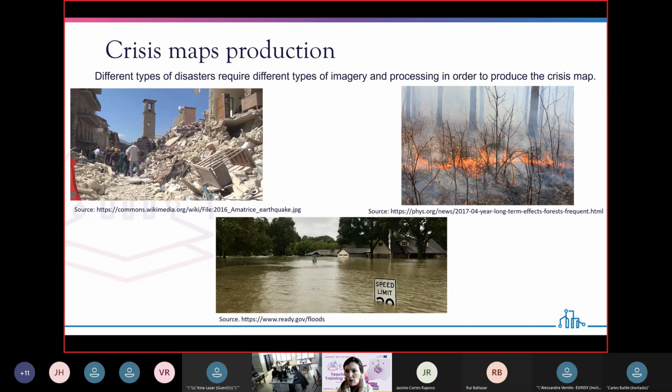It requires really only photo interpretation, so the ability of the interpreter to detect the damaged buildings and to draw them on the map. While for fires and floods, we can exploit also semi-automatic processing, which is, let's say, something that you have already seen during this week, of course.